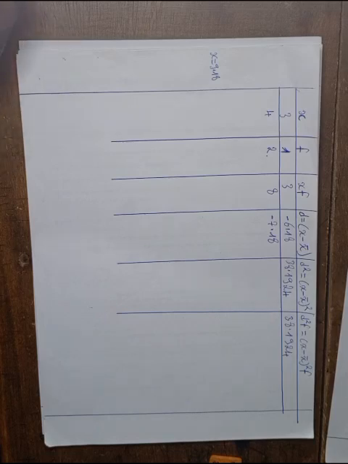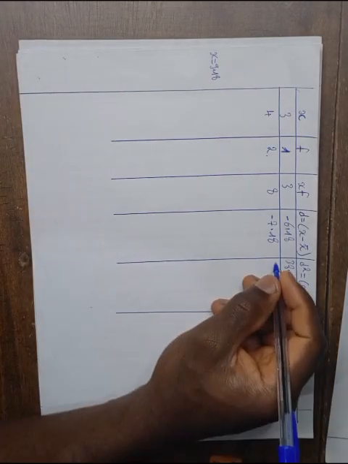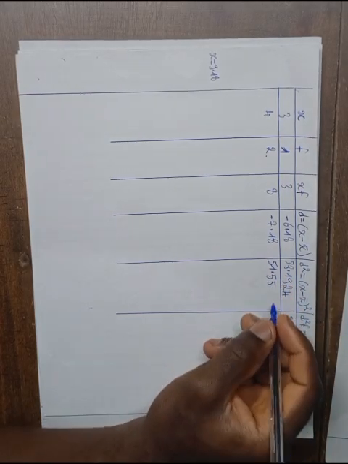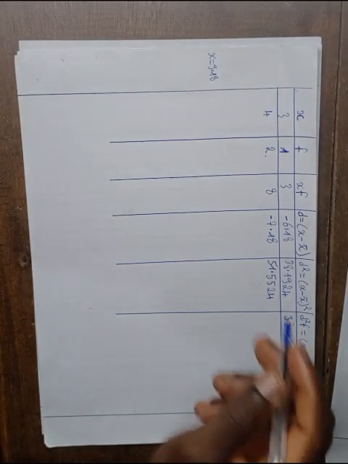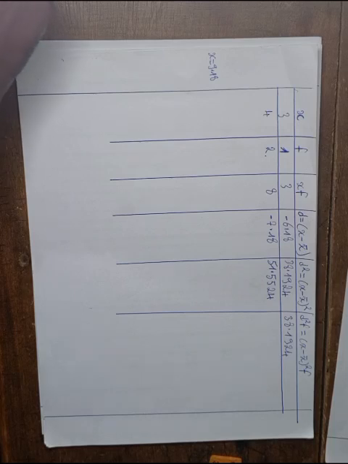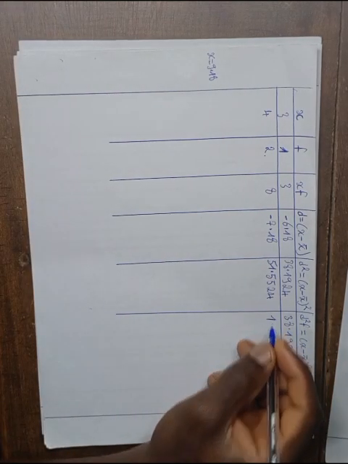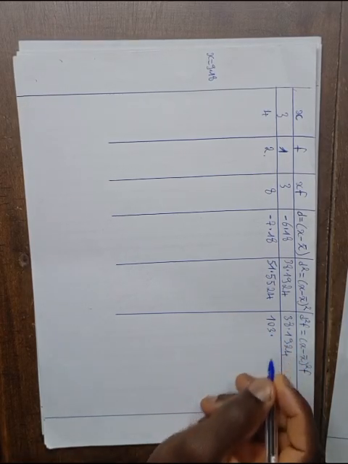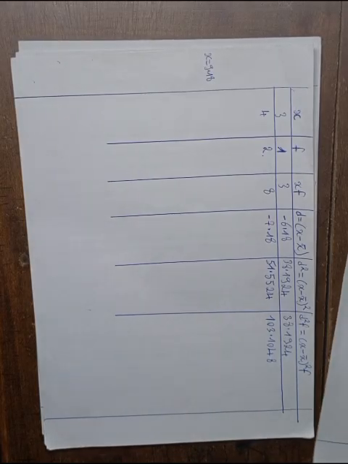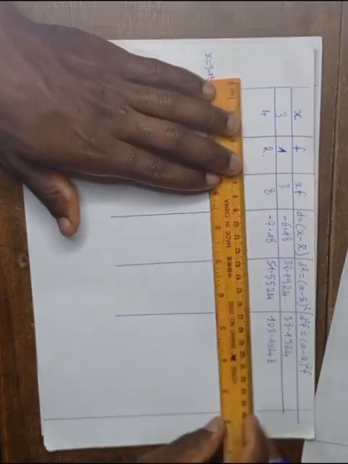This will give us 26.8324. Next, we have to multiply the deviation squared by the frequency. We will take 26.8324 times the frequency, which is 2, it gives us 53.6648. We go now to the next observation.